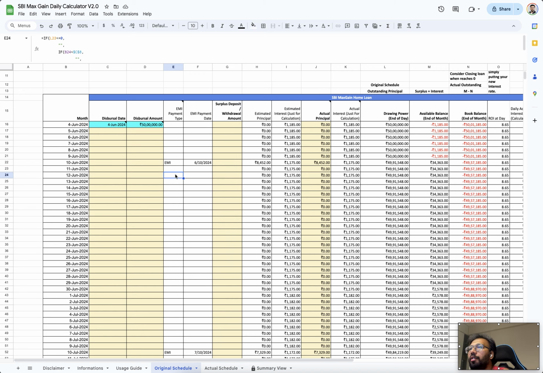Sometimes the bank does it on 12th June, right? So it's cheque based. So what you need to do is just put this EMI tag here and remove the tag from there. That's it. What we have done is we just override the value manually, and it will do the calculation automatically.